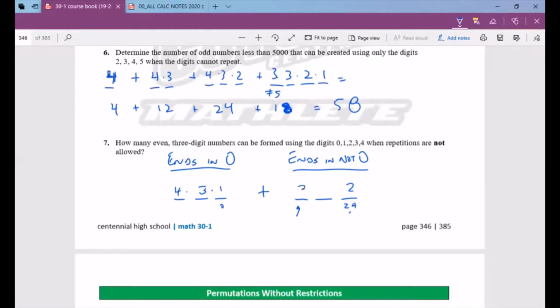So we only have 3 choices for that digit. It can either be a 1 or a 3 or the other even number, 2 or 4. Once we've sat that number down, now we have 3 choices left for that middle number. We add this all together. This ends up being 12 plus 18 gives us 30.